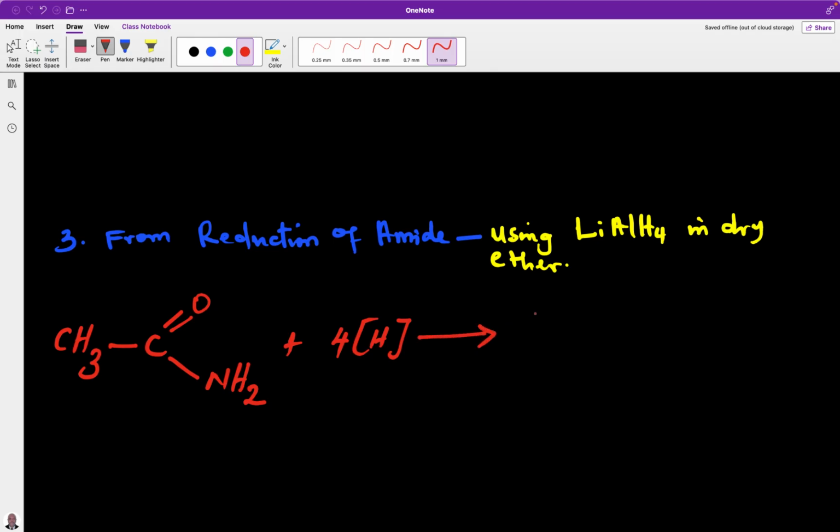There will be a CH3 here, converting this to CH2, removing the oxygen. I'll put CH2, then NH2, plus our 4 hydrogens. 2 of the hydrogens have been added here. This oxygen atom has been removed, and 2 of the hydrogens will be used in the formation of water. So plus a molecule of water.